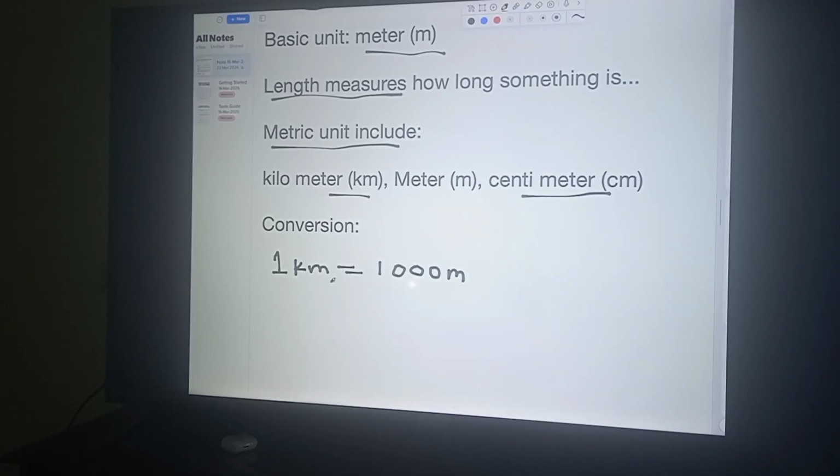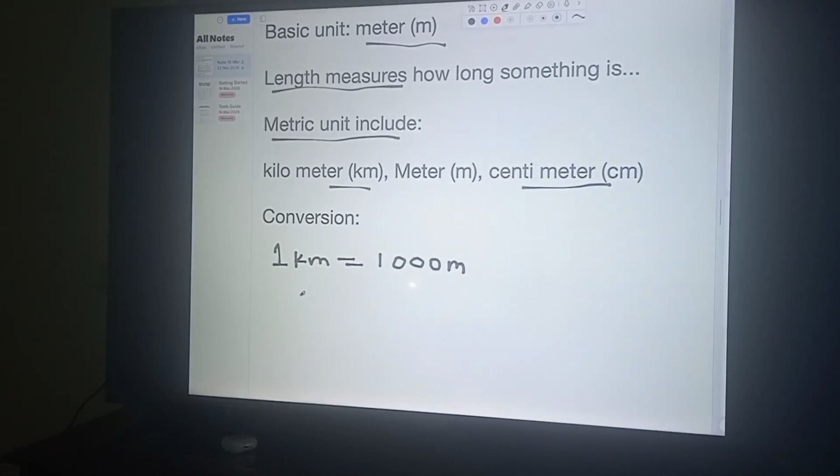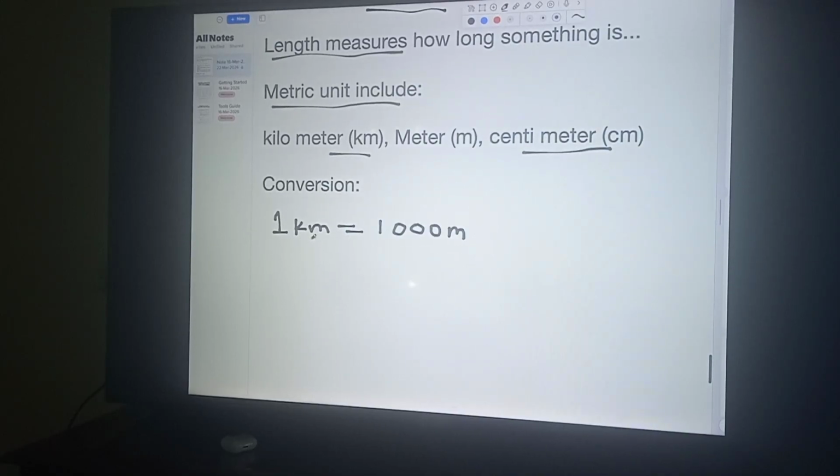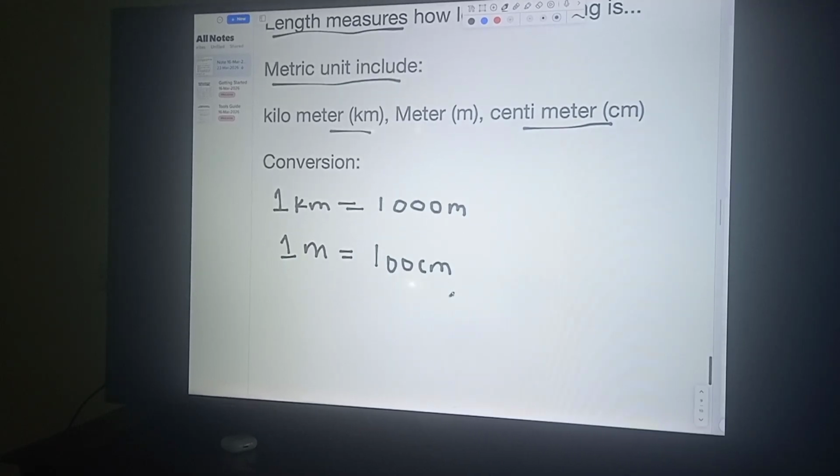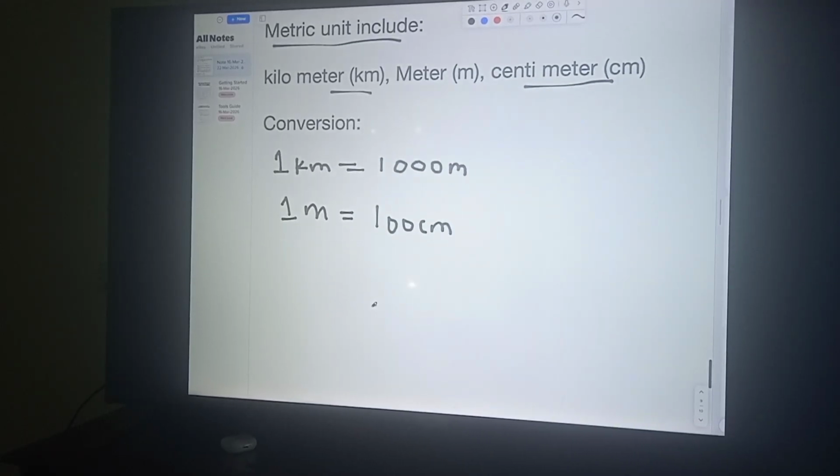So the distance may be either 1 kilometer or 1000 meter. Similarly, 1 meter is equal to 100 centimeter, meaning that you can convert meter into centimeter. So 1 meter is equal to 100 centimeter.